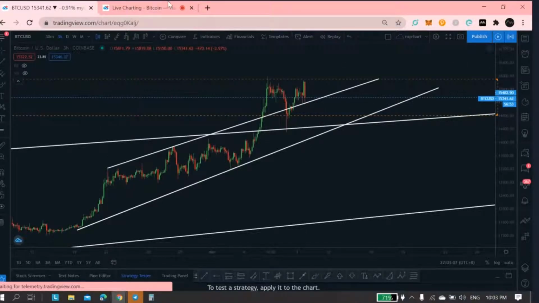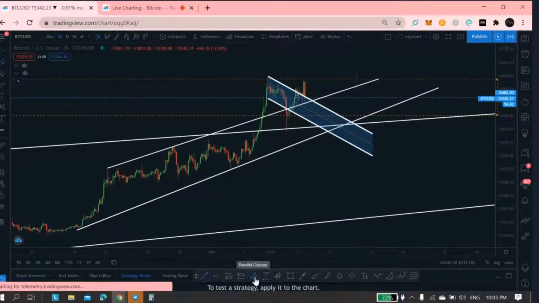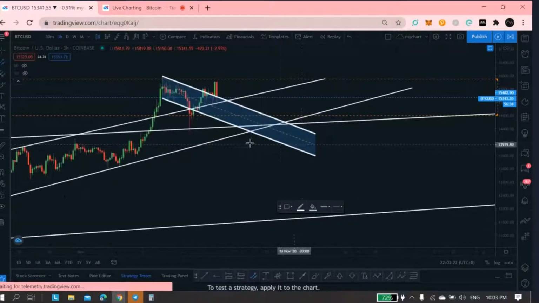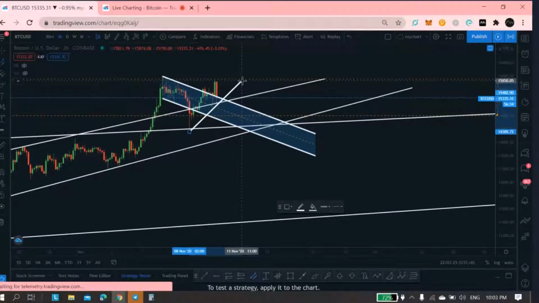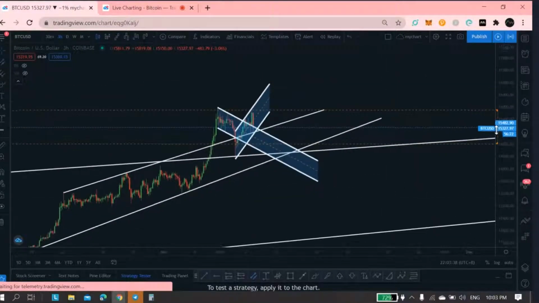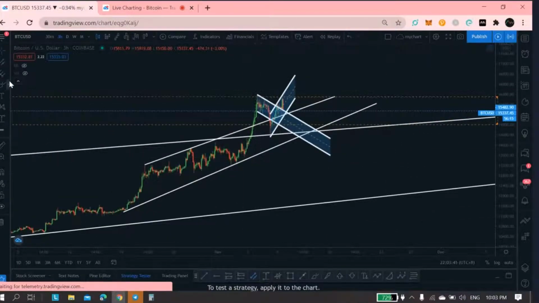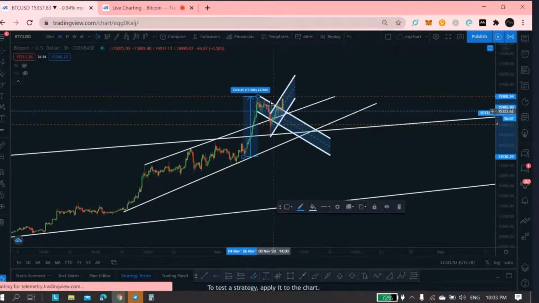Yes, I was just looking at this one a while ago, before I started this stream, because I'm expecting a possible flag here, though it went outside this one, the possible flag.